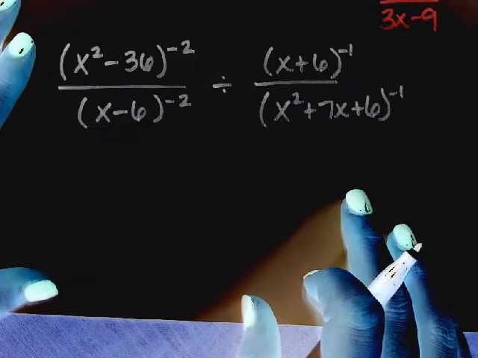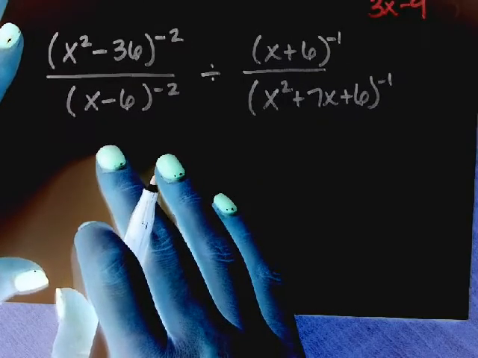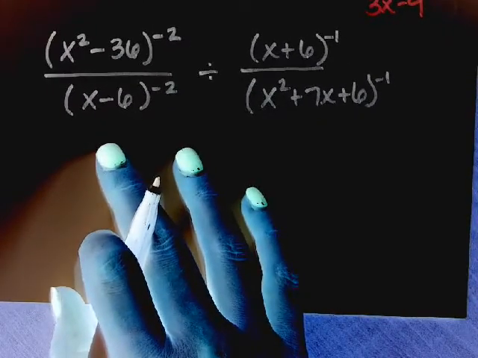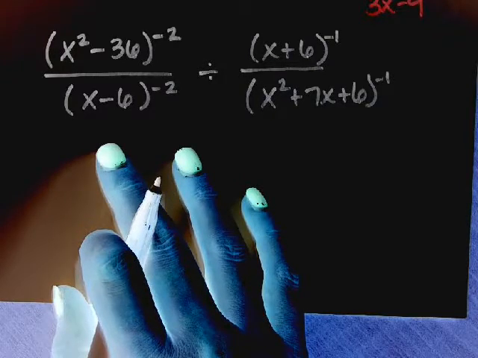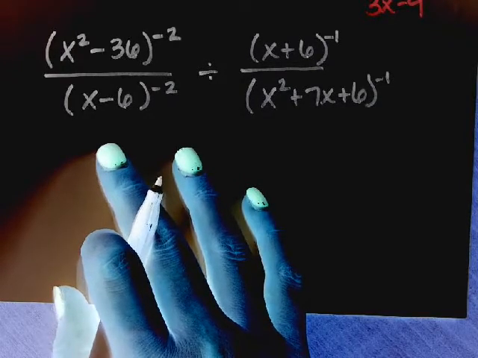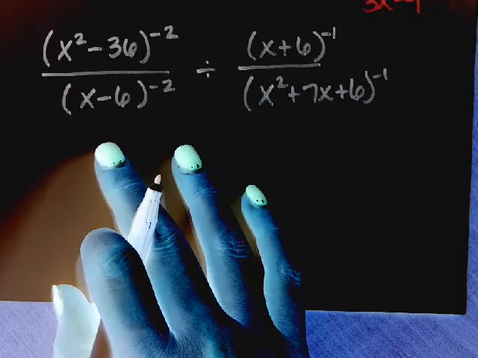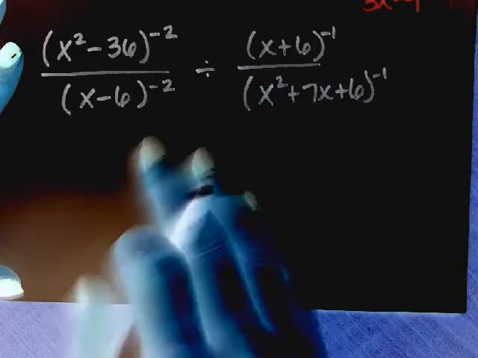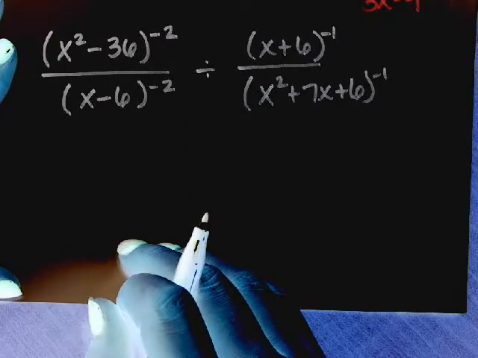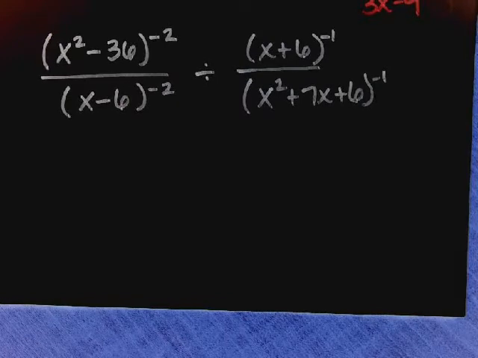All right, so this is a little bit of a flashback to Math 2. I believe that's where you go over negative exponents. So let's go ahead and fix the exponents before we do the rest of the stuff we learned this unit. So what do I need to do with all my negative exponents? Move them to the other side of the fraction.